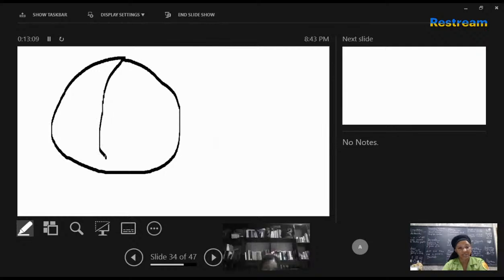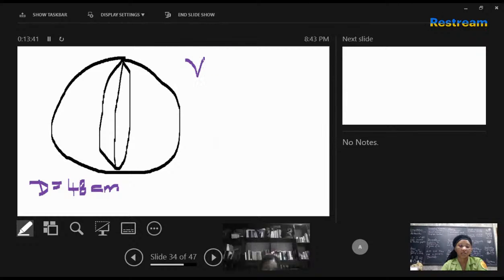So whether I turn it this way or that way or the other way, that's the diameter. The diameter of this circle is 48 centimeters.